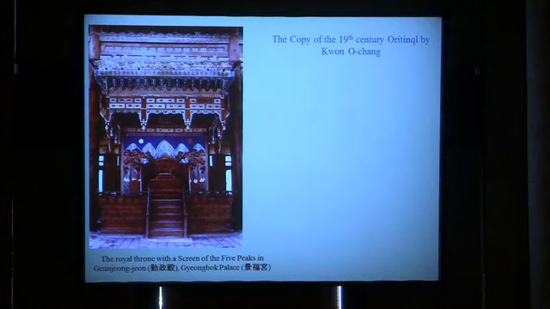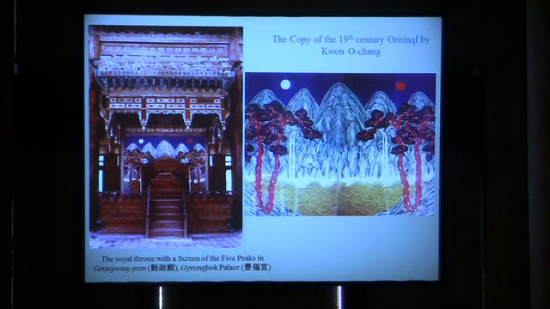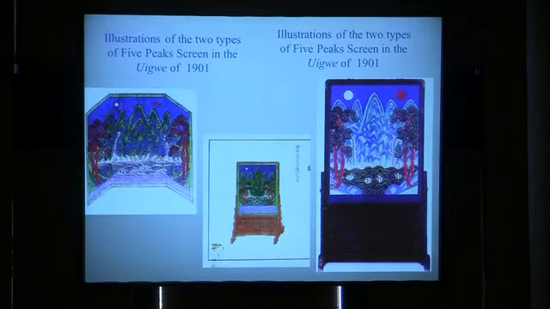And then all the portraits of any living king should be behind the screen called the screen of the five peaks. I have an article in English in a journal called Oriental Art. So this is a very interesting point, but I will skip. So we have a rear screen plus several different types of screen in Uigwe.